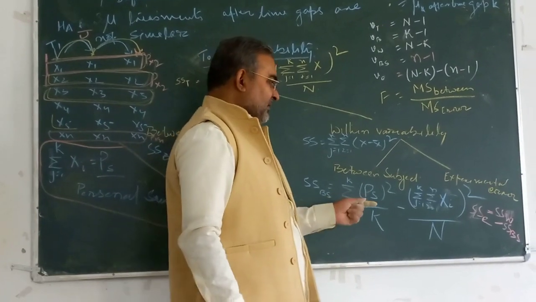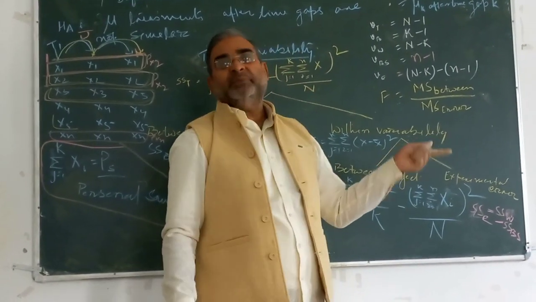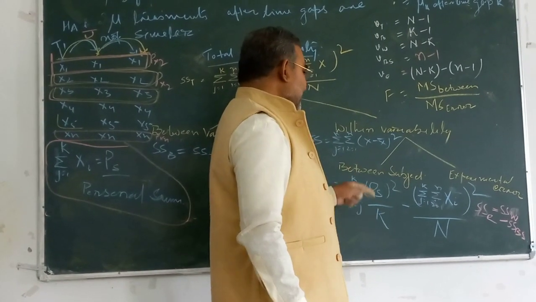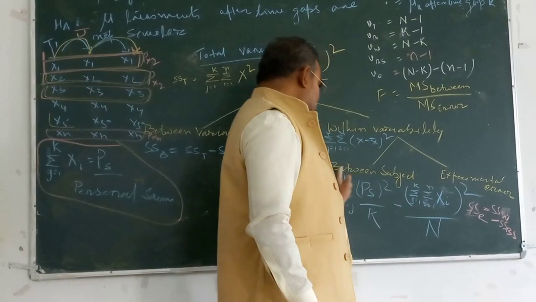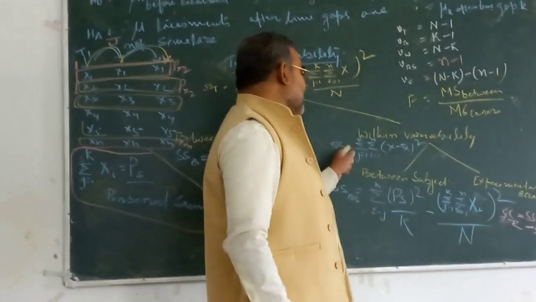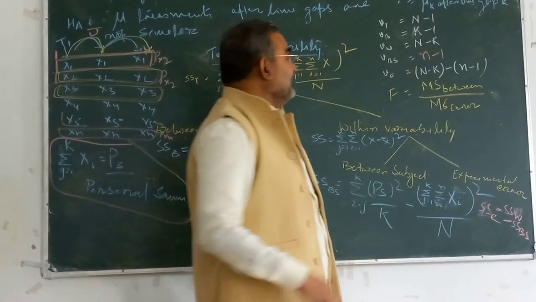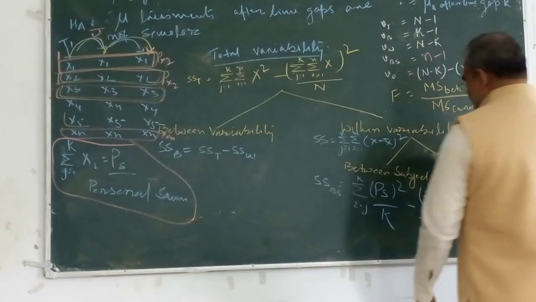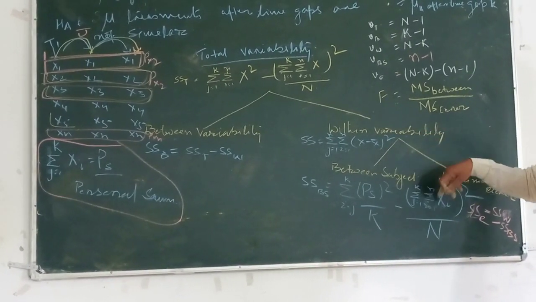Thereafter we calculated the experimental error, sum square of the experimental error, by subtracting the SS between subjects from the SS within variability.